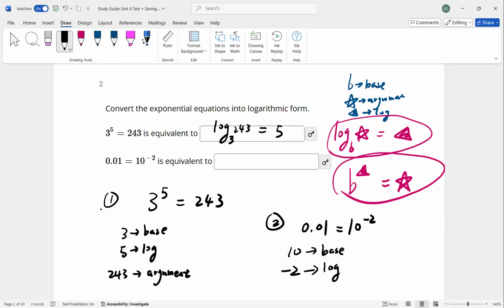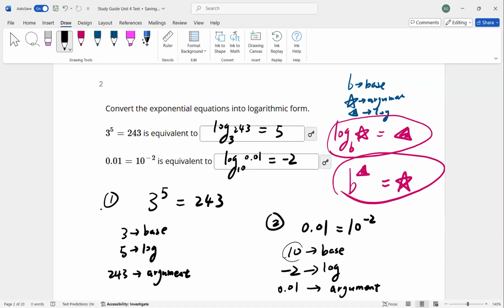And the -2 is on the shoulder of the base, so -2 is the log, the piece of wood. Then that would make 0.01 the argument. And the logarithmic form is going to be log with base 10, and argument 0.01 equals -2. And done.